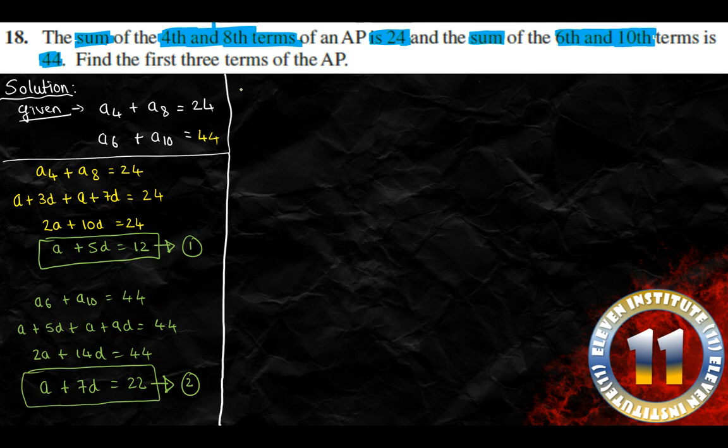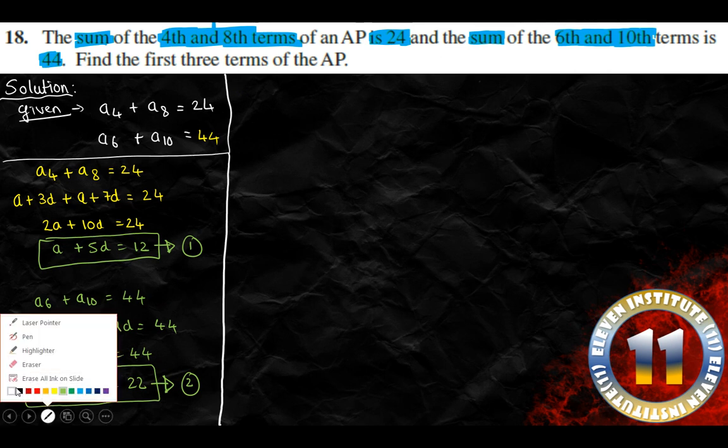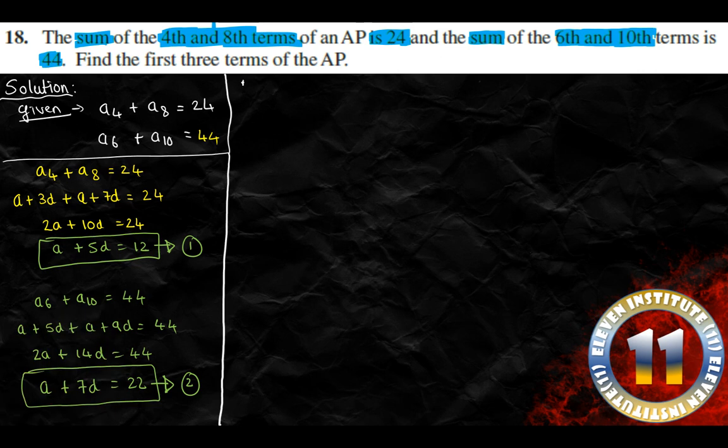Now let us solve both of these by elimination method, so we can write over here from 1 and 2. For equation number 1 we can write A plus 5D is equal to 12, and here we can write A plus 7D is equal to 22.